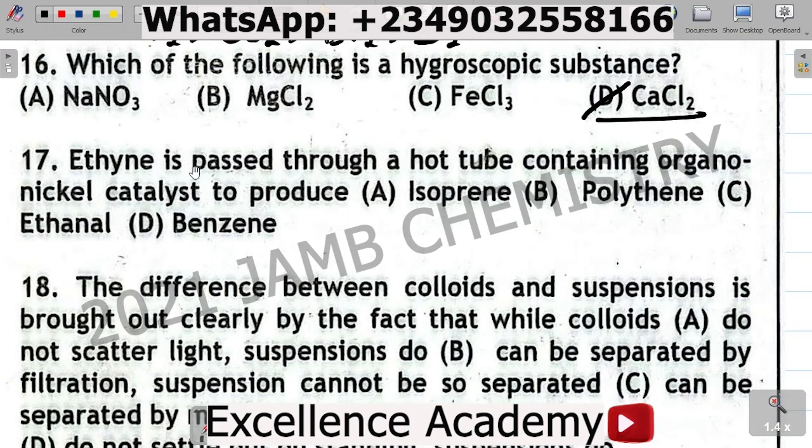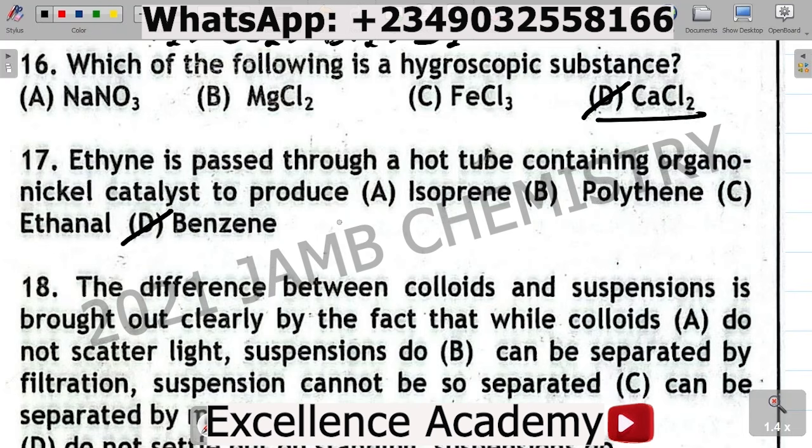Question 17 says ethine is passed through a hot tube containing organonickel catalyst to produce A, isoprene, B, polythene, C, ethanol, D, benzene. So what is the correct answer to this question? For question number 17, the correct answer is D, benzene. Under suitable conditions, ethine trimerizes to form benzene.